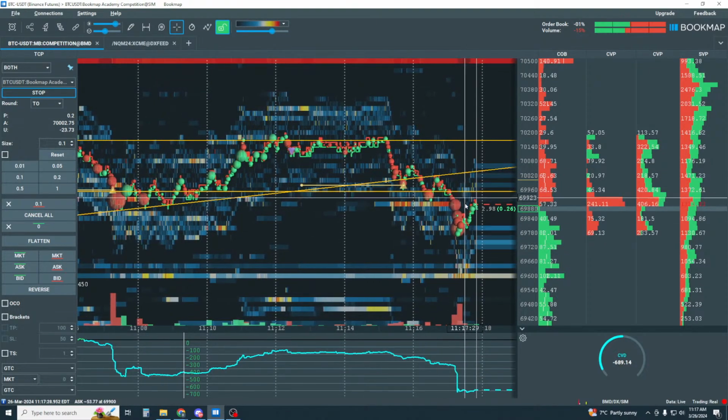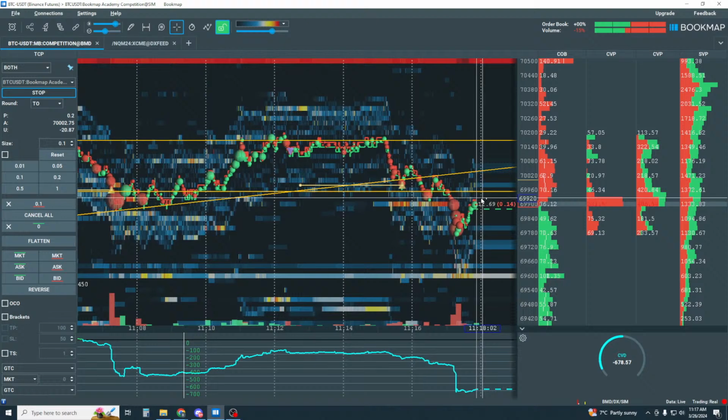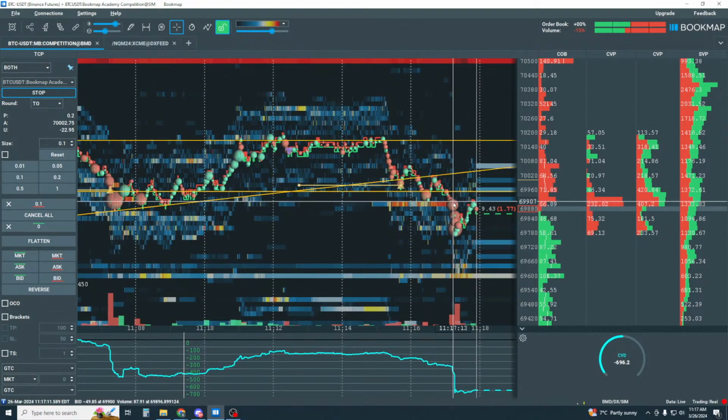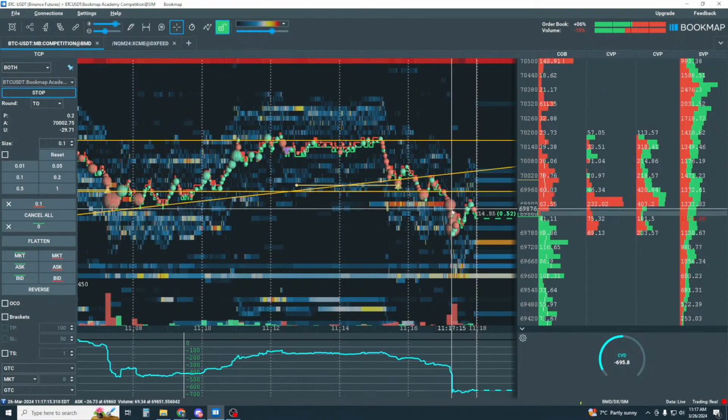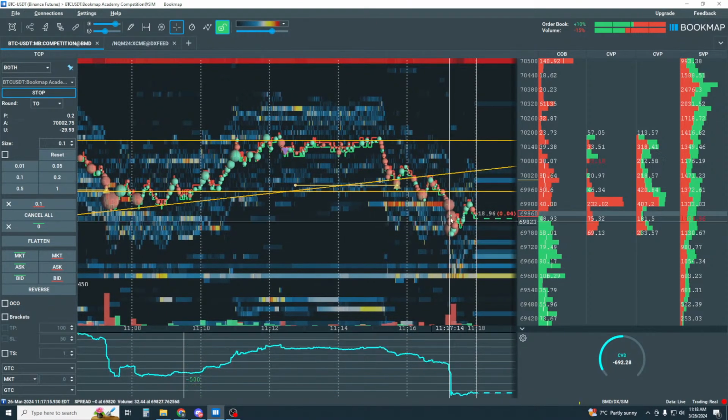You'll get this move, and then you get this move right back up, and then you'll see the buyers come right back in above 900 here, for example. Okay, so this is the stop run, the kind of capitulation in here.